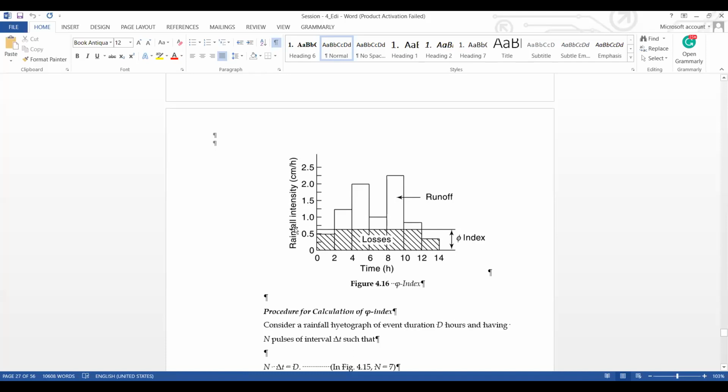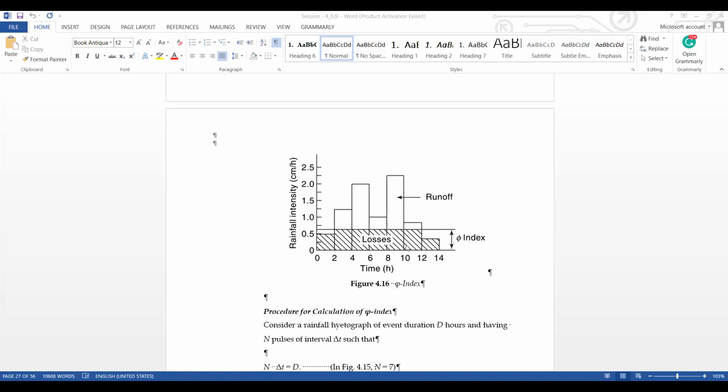Now you can define the losses to a certain intensity of rainfall. So whatever the rainfall that is below this value will not result in a runoff from a catchment. So that is what we call phi index.